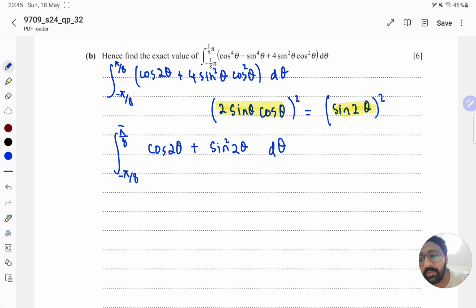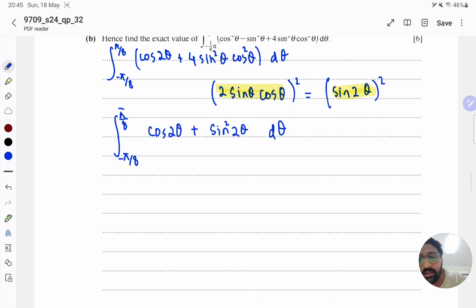Now there are a couple of identities that I would like to write. I know that cos 2 theta is 1 minus 2 sine square theta.